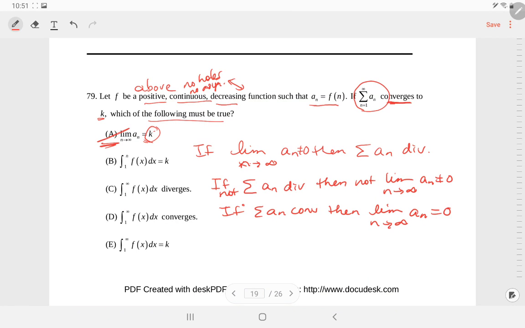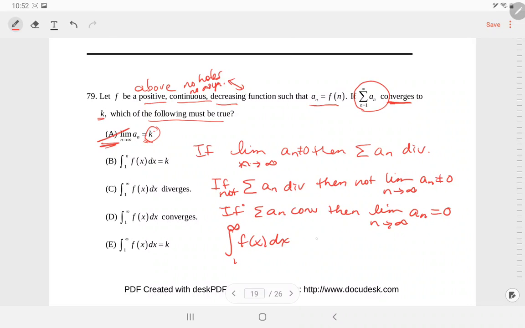Diverges, converges. Okay. Looks like it's the integral test. So if the series converges to K, does the integral converge? I feel like that's the integral test, except they're using f instead of a because it's an integral. So this would be the integral of f of x dx from 1 to infinity.